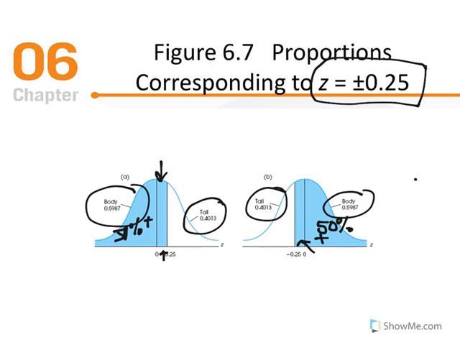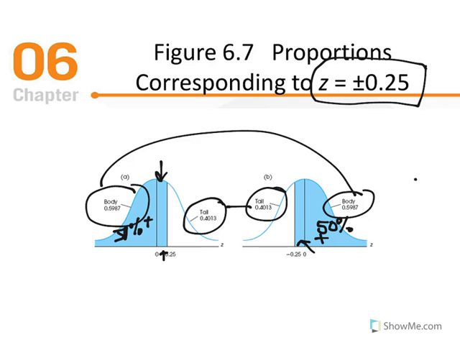So just know that because of the characteristic of symmetry, because the normal distribution is symmetrical, these proportions are going to be equivalent, but just on the other side. So notice that these are equal and these are equal. And if you were to take any tail and body and add those together, what do you suppose that would equal? We talked about taking the area between the mean and the z and the tail, and that would always equal 0.5 or 50%.